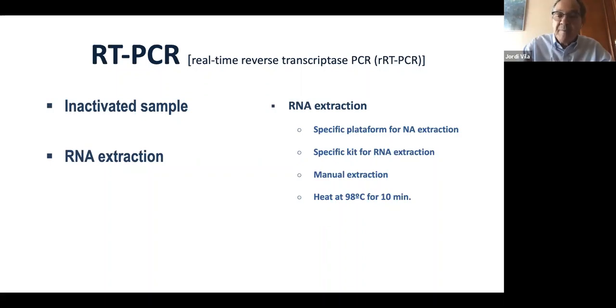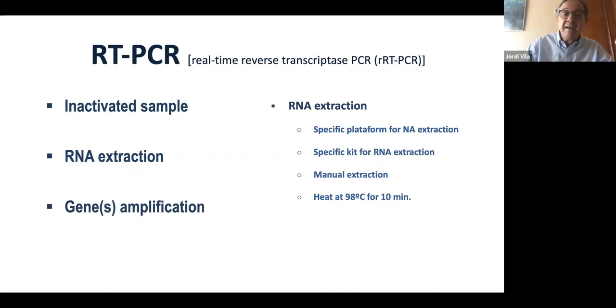There is another possibility, a quick and easy way to extract the RNA, which is only heating the swab sample from the oropharyngeal or nasopharyngeal area in the buffer at 98 degrees for 10 minutes. And that's enough to generate a good result.